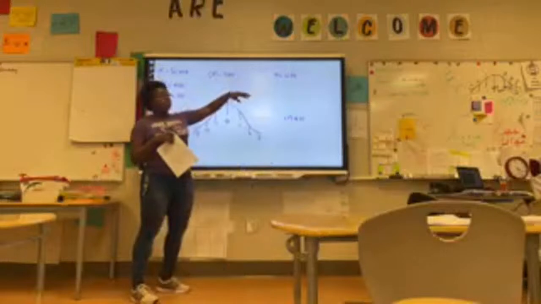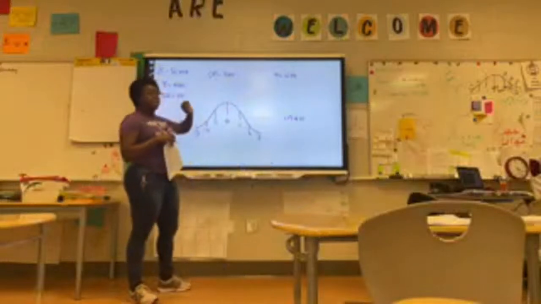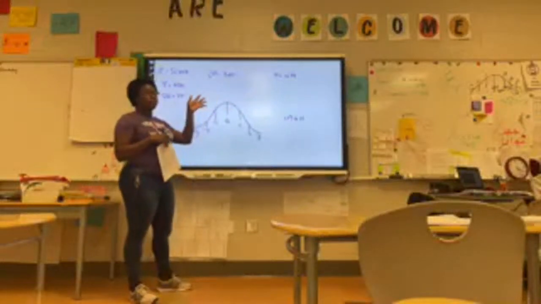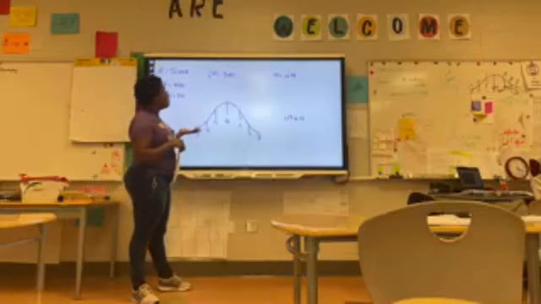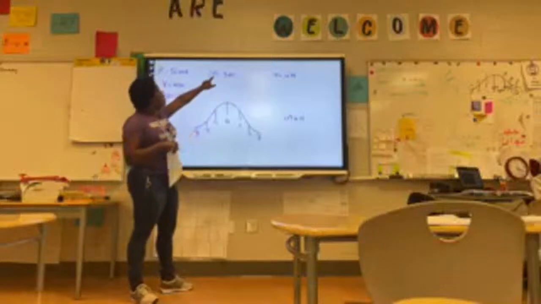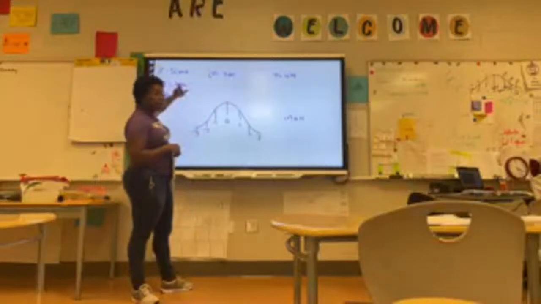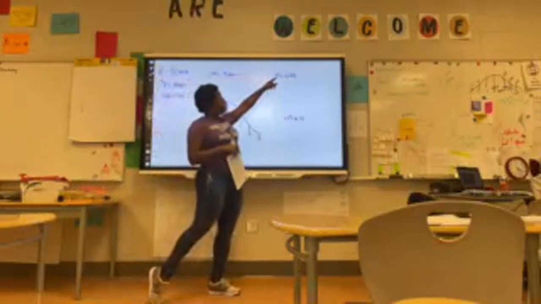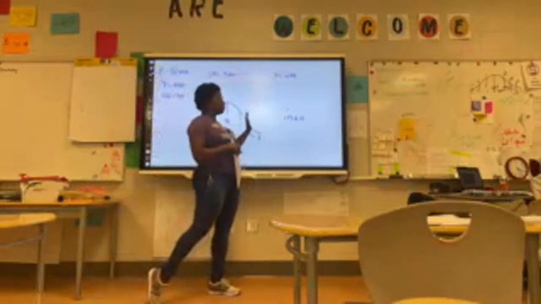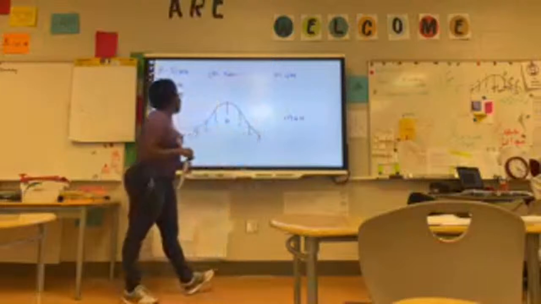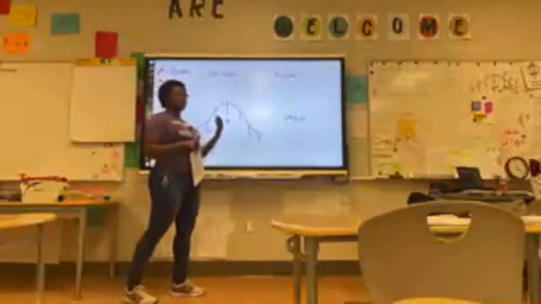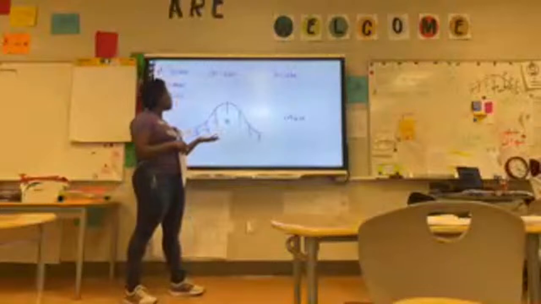Looking at these numbers, you should be able to tell if it is a negative or a positive z-score. If the number is less than the mean, your z-score is going to be negative, somewhere in this region. If your number is greater than the mean, like these two, your z-score will be in the positive direction. And remember, the higher the z-score is, the better the person's performance or standing.